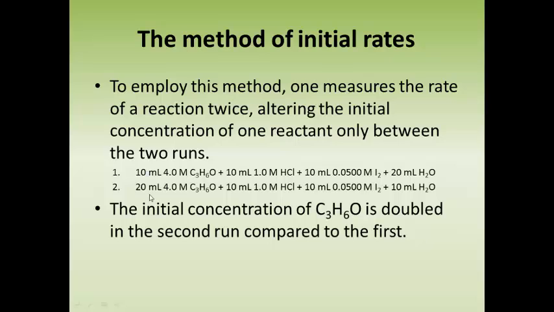Since we've doubled the number of moles of acetone by doubling the volume that we use of the stock solution, and the total volume for the solution is the same, the initial concentration of acetone is doubled in the second run relative to what it was in the first run.